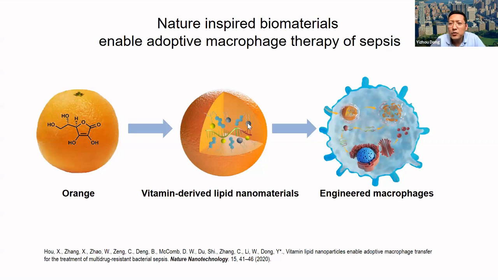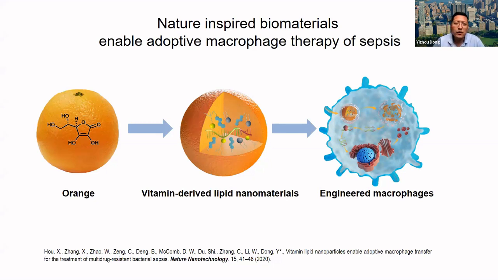Next, I would like to switch our research topic to adoptive cell therapy. We are very interested in addressing drug-resistant bacterial infections. We know macrophages are one of the most important cell types in the human body to fight against bacterial infections.